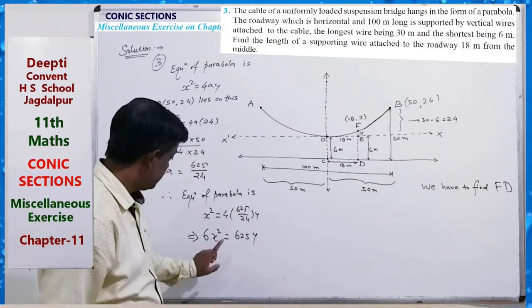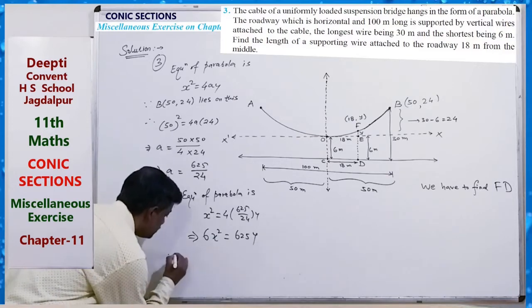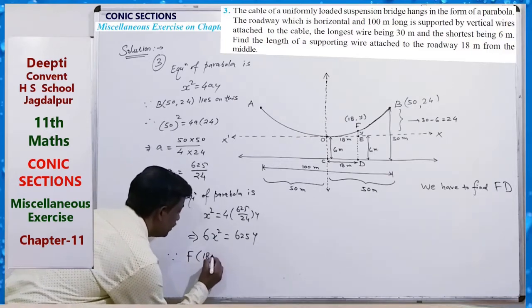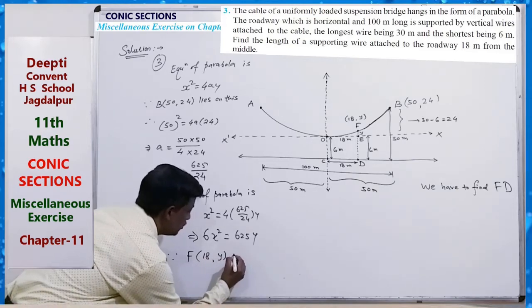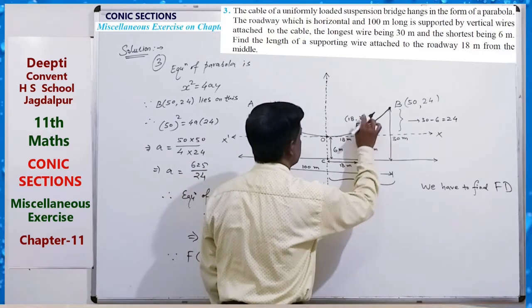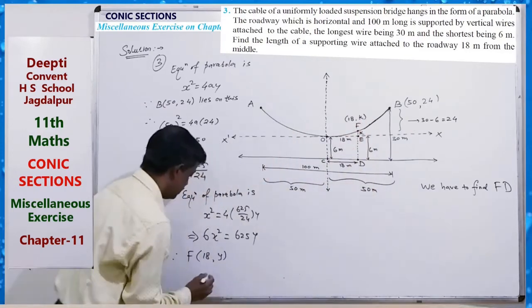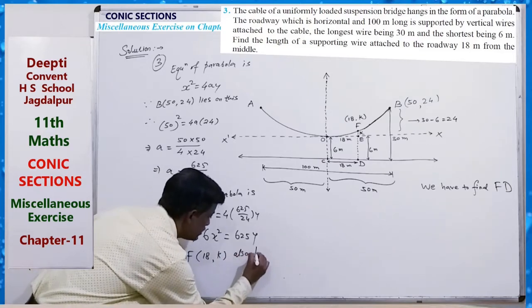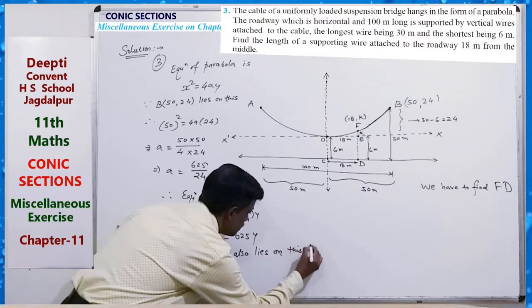Now it will be satisfied by F. Since F (18, y), just suppose this is not y, this is k, so (18, k) also lies on this parabola.